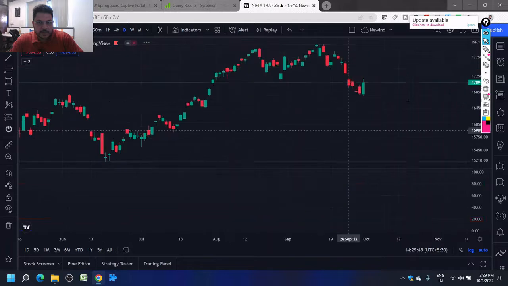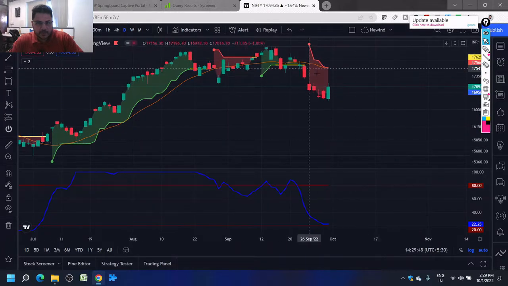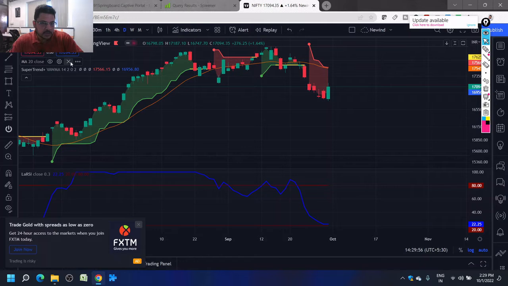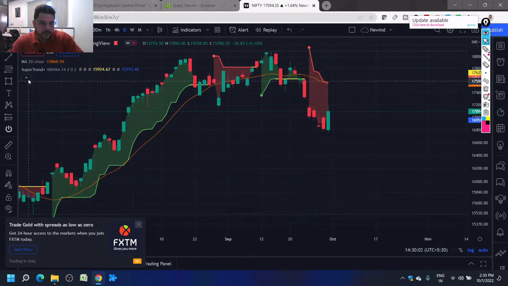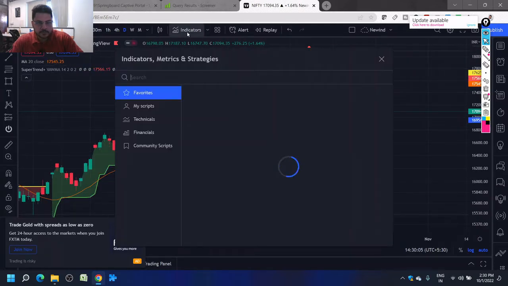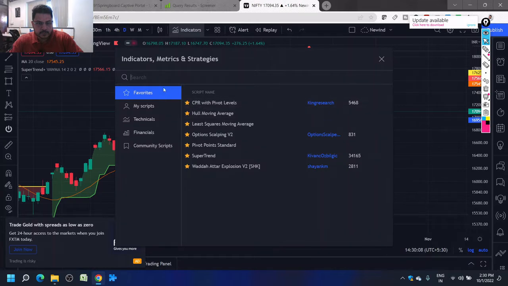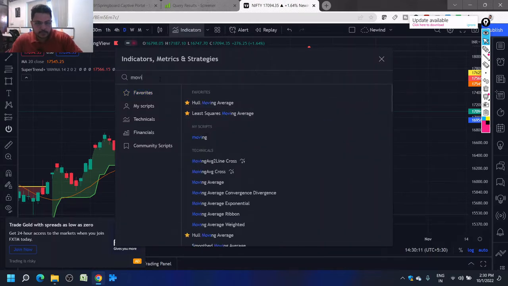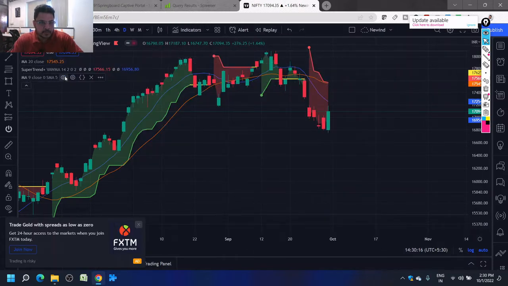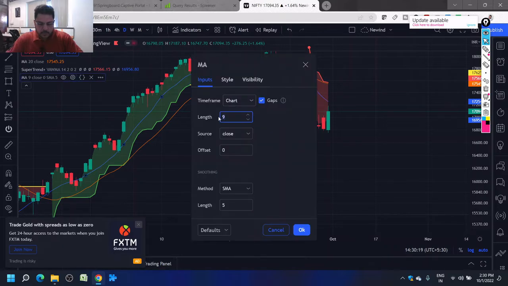Okay, so now let's look at this on a daily time frame. On the daily time frame, we are already in a bearish trend, and if I put a moving average of about 200, let me put the 200 moving average here. The two moving averages you should always have on your chart are 20 and 200.